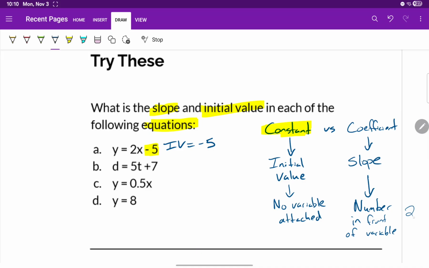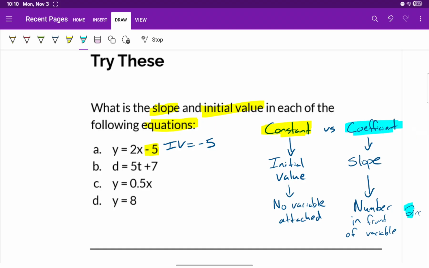But for example, 2x, my coefficient is the 2. Okay, so you can add that little piece of information to your note. And this is really important because if you remember that a constant is your initial value and a coefficient is your slope, this is really going to help you in this unit and next.